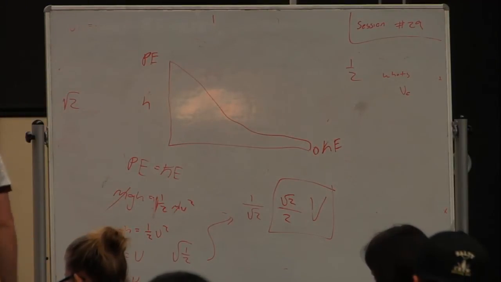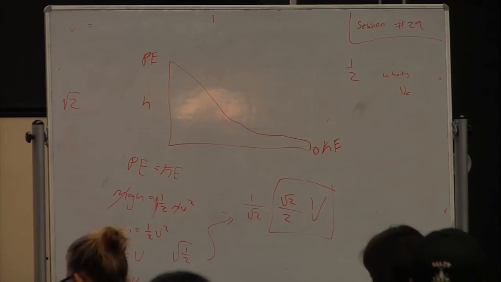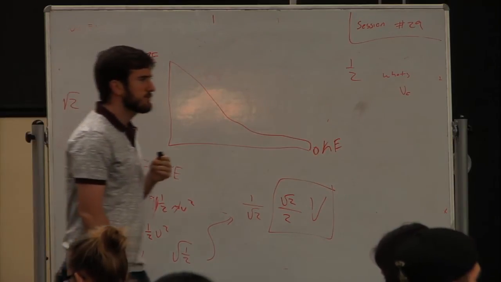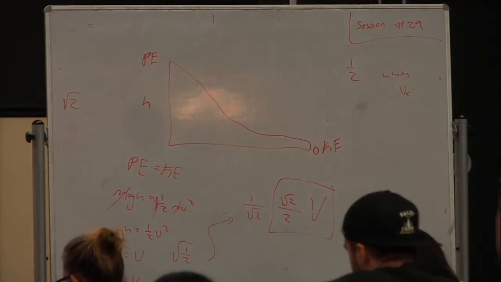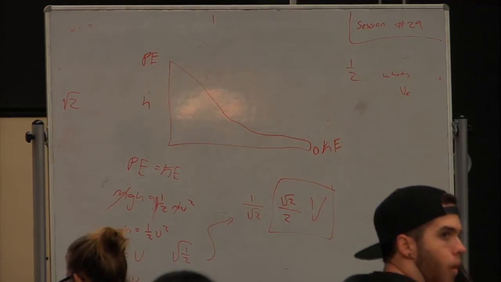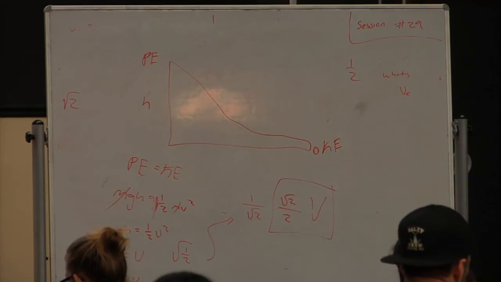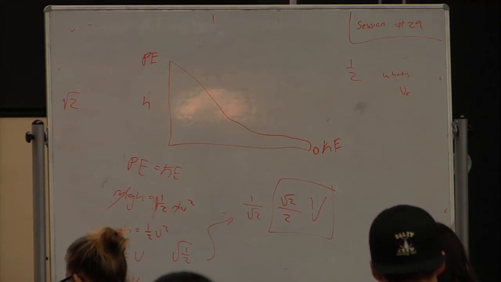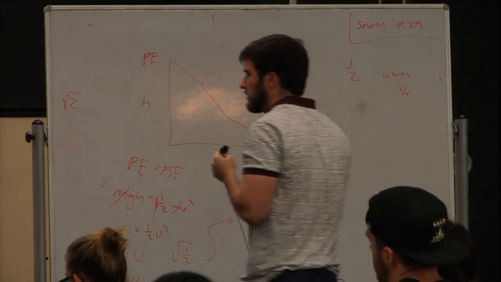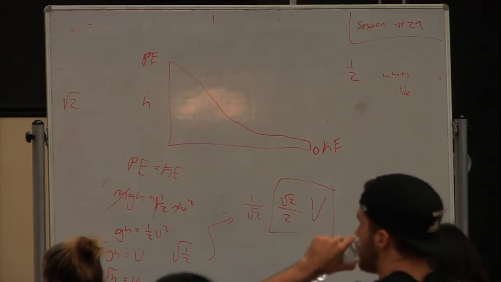Chapter 14, the period. There you go. 2 pi square root of L over G. So 2 pi square root of G over L, or L over G. All right, so we know 2 pi is just a constant.